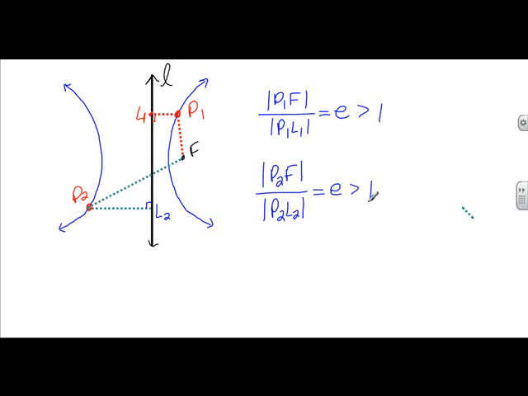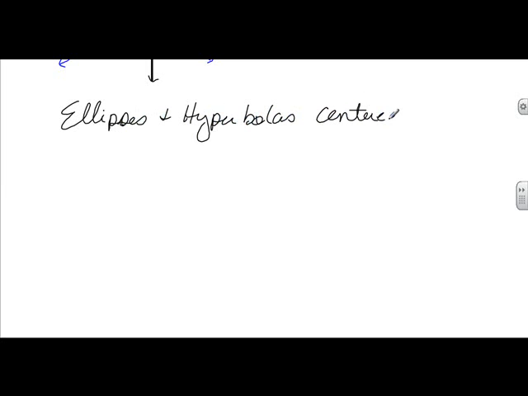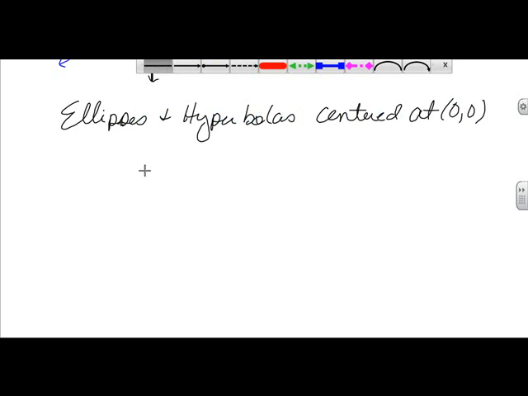Now, let's try to organize what we know here. For ellipses and hyperbolas centered at the origin, I'm going to put this together in a chart so it's easy to look at.